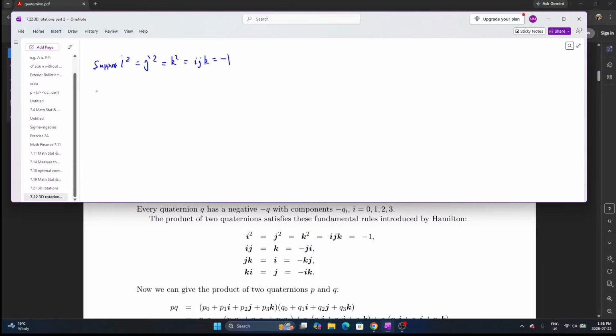Then first you got ij equals k, because ijk squared equals minus k, and you're done.